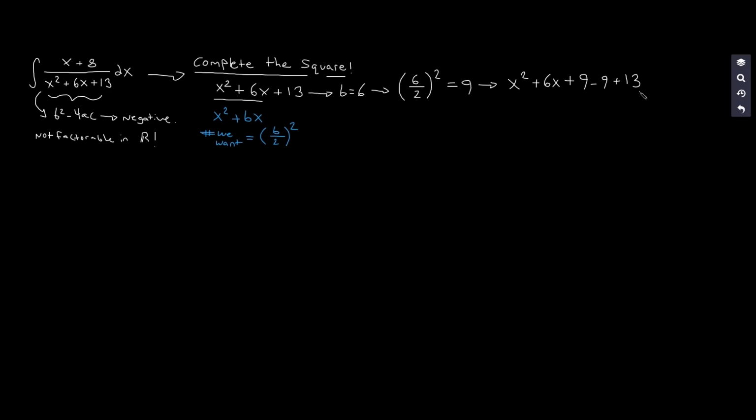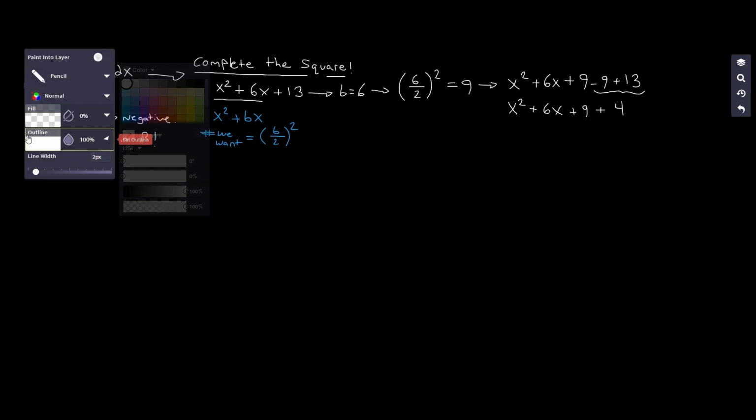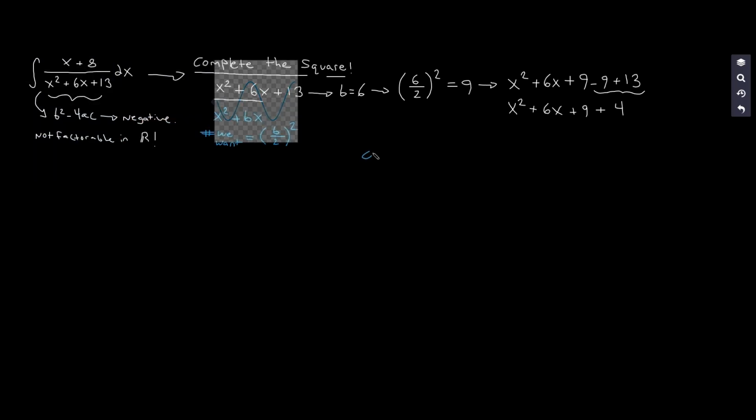So what is it, negative? No, positive 4, right? So we'll have x squared plus 6x plus 9, and we're going to combine these here, plus positive 4. I'm not 100% sure, honestly, but I think that's right.